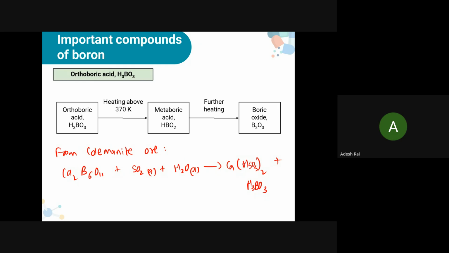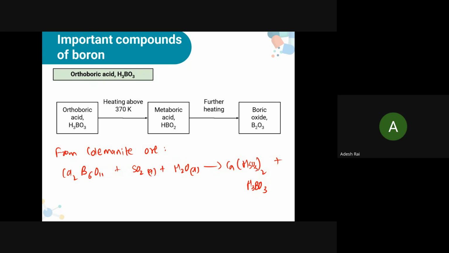So in total, how many methods of preparation of boric acid have we seen? First method was by treating an aqueous solution of borax with an acid like HCl or H2SO4, resulting in formation of boric acid. Then we saw hydrolysis of BX3.